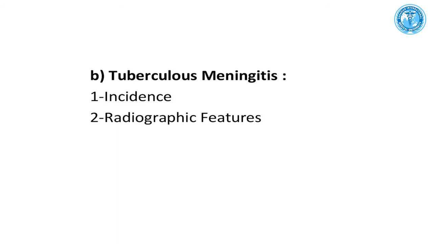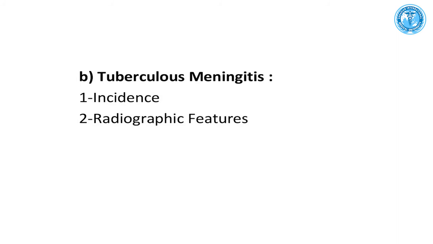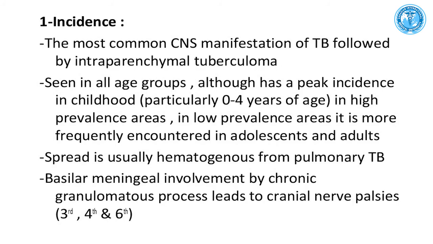B. Tuberculous meningitis, incidence and radiographic features. Incidence: the most common central nervous system manifestation of TB followed by intraparenchymal tuberculoma, seen in all age groups, although it has a peak incidence in childhood, particularly below 4 years of age.